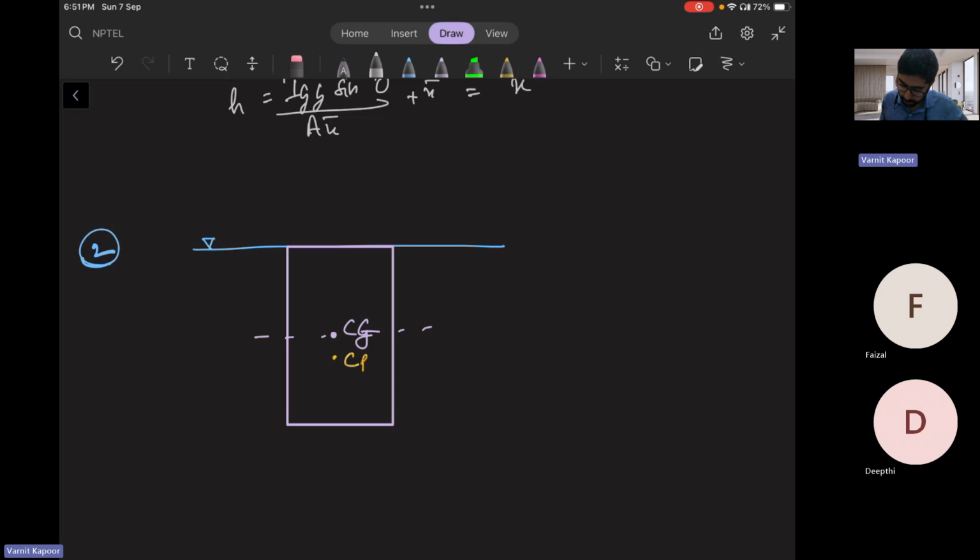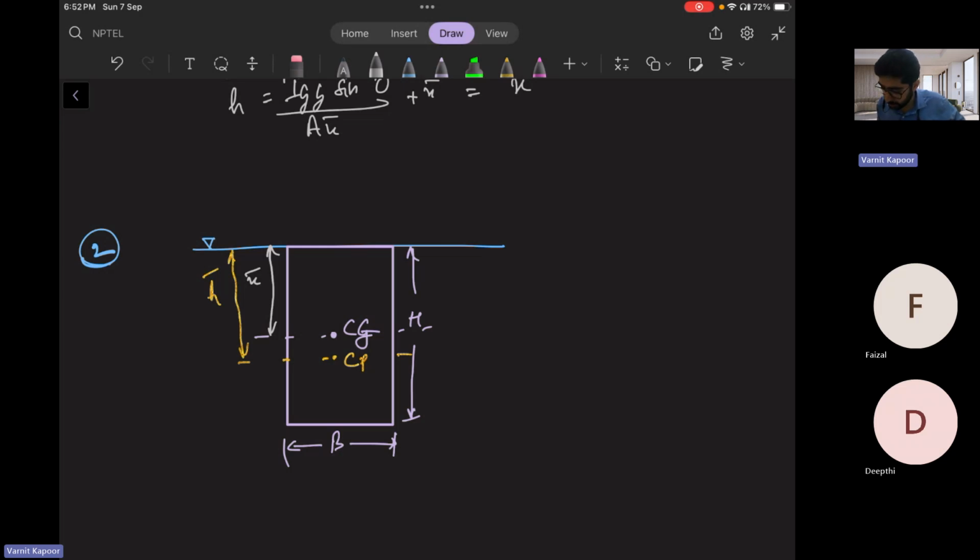This distance is how much? X bar. And this distance is how much? H bar, of the center of pressure. Suppose the plate is of width b and height h.